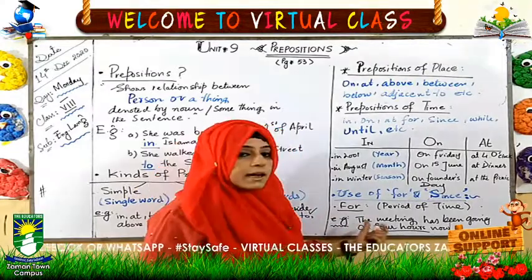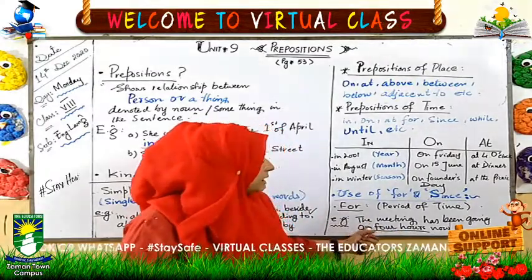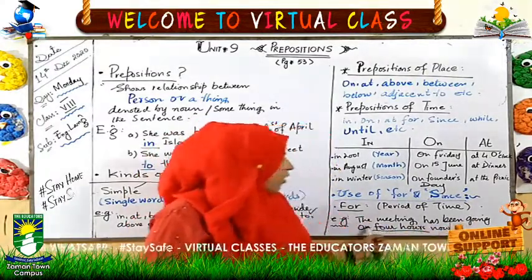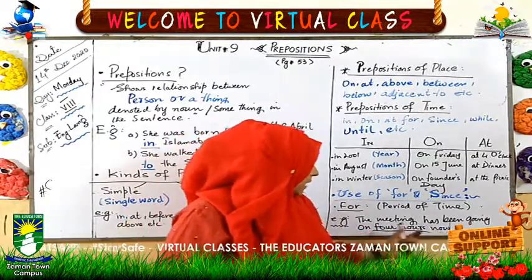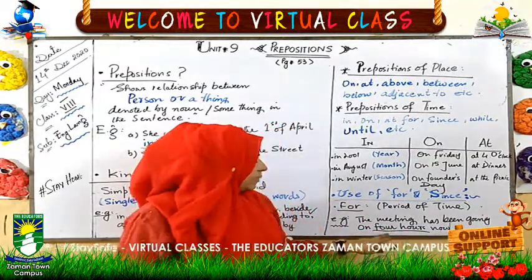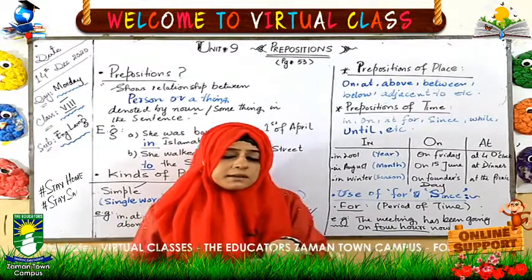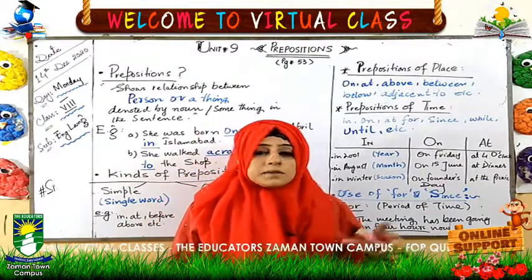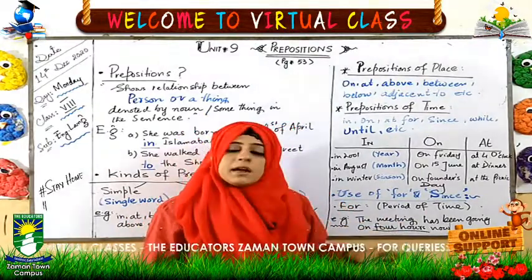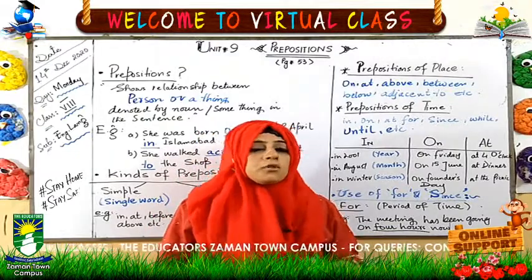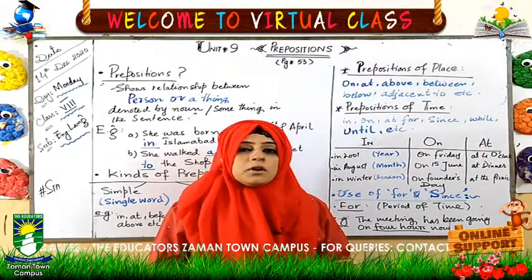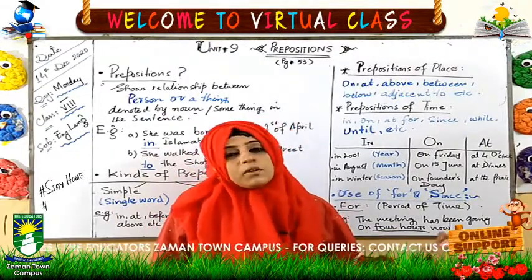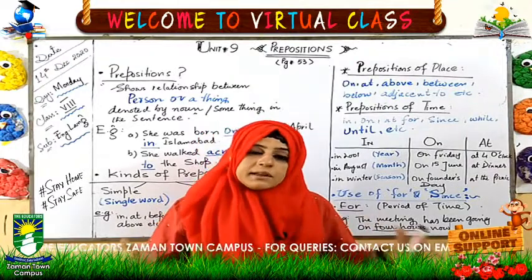For instance, I have given the example here: the meeting has been going on for 4 hours now. Here I have underlined the words 4 hours. You cannot see this time in the clock. Why? Because 4 hours means you don't know which 4 hours, morning, evening, or what. It is a period of time.